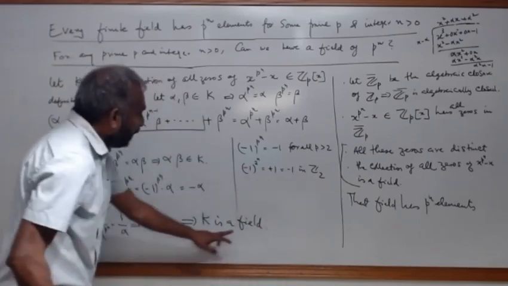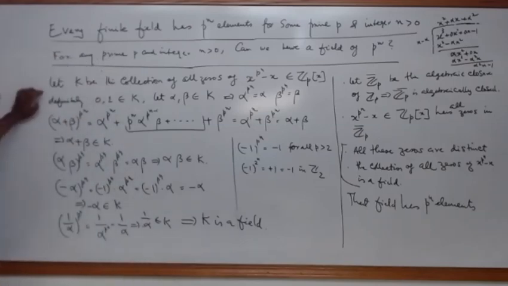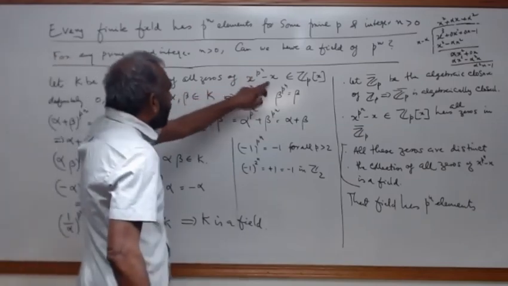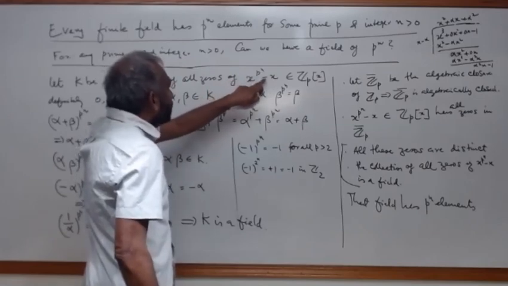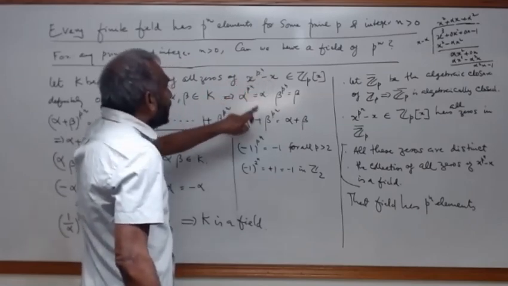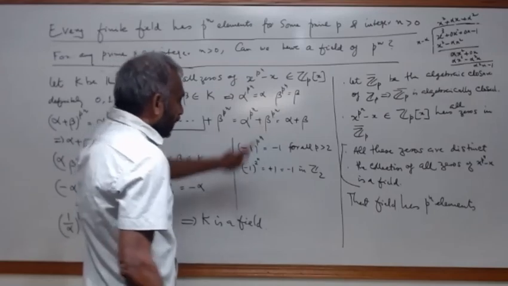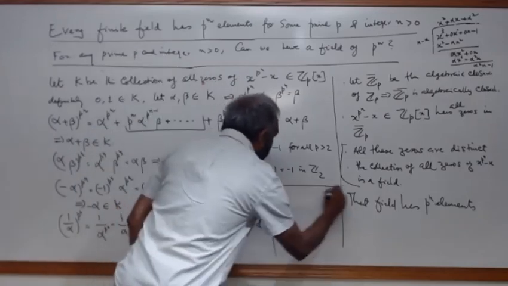So K is a field containing all the zeros of x to the power of p to the power of n minus x, and all the zeros of x to the power of p to the power of n minus x are distinct. That means K is the field which we are looking for.